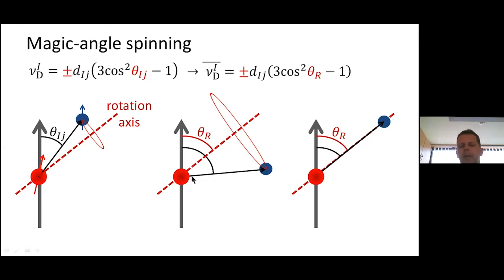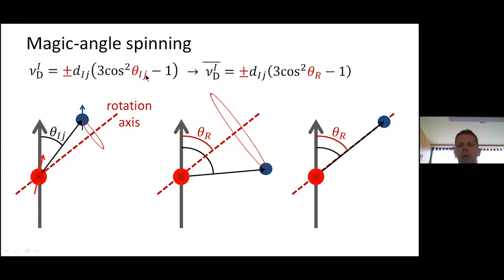In any case, this vector is circulating or precessing around this axis. And if rotation is fast enough, then on average this nucleus will see another nucleus as sitting on this axis of rotation. So for all the crystallites, the average picture will be the same, like this.